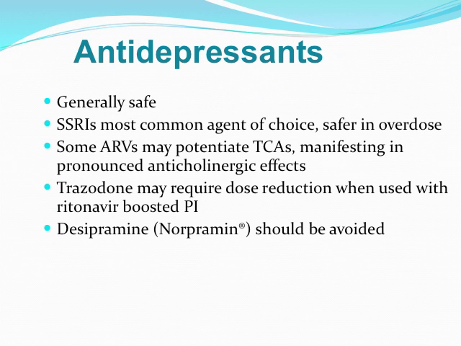Some antiretrovirals may potentiate tricyclic activity, so they may have an increased or pronounced anticholinergic effect. Just be careful with that if you're using tricyclic antidepressants. Trazodone may require dose reduction when used with boosted PIs, ritonavir boosting. So if you're using trazodone for insomnia or mood, make sure you start slow.